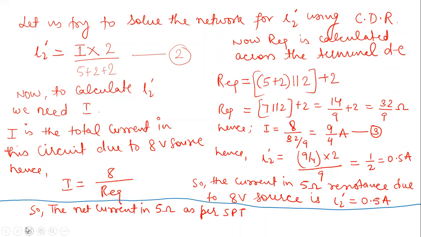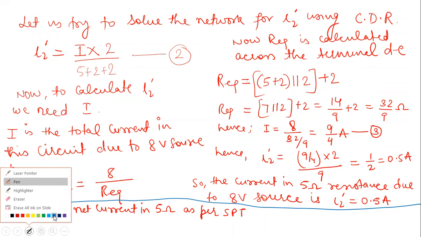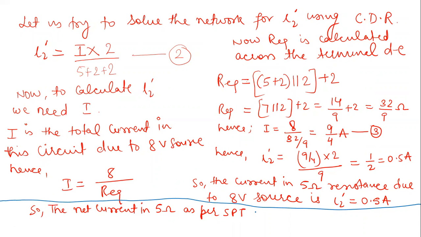So as per superposition theorem, the net current is I2 plus minus I2 dash. So we will see the direction. So I2 was from B to C, and the value is 1 ampere, and the current I2 dash was from C to B, and the value is 0.5.